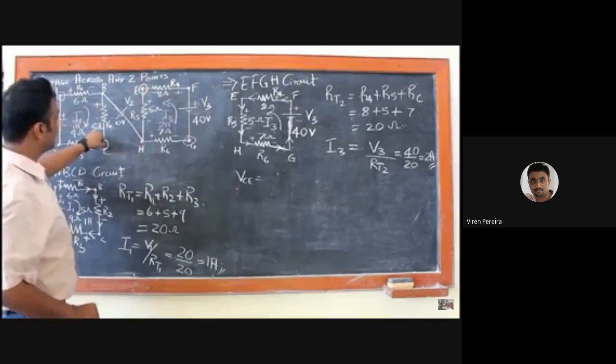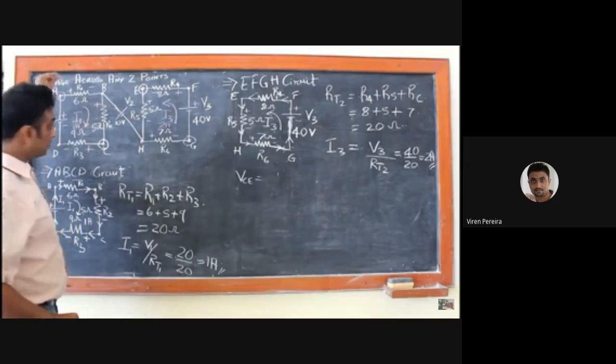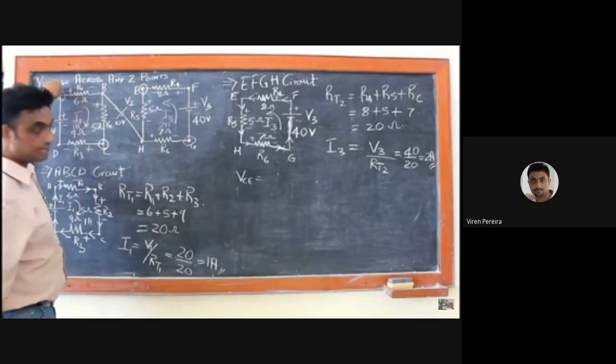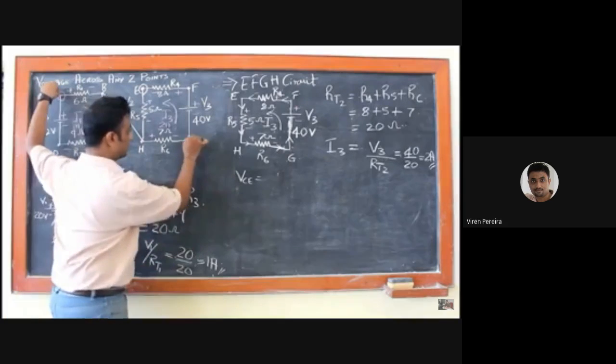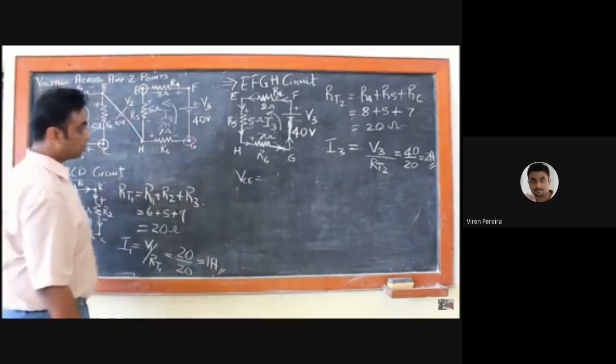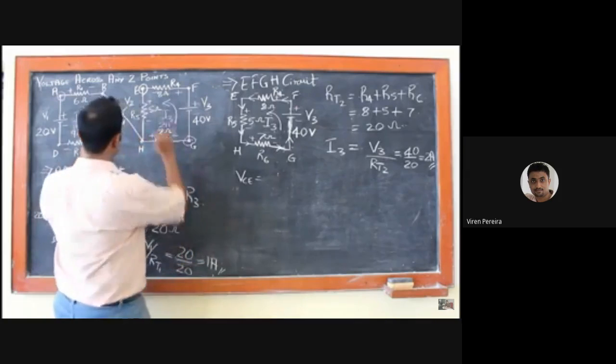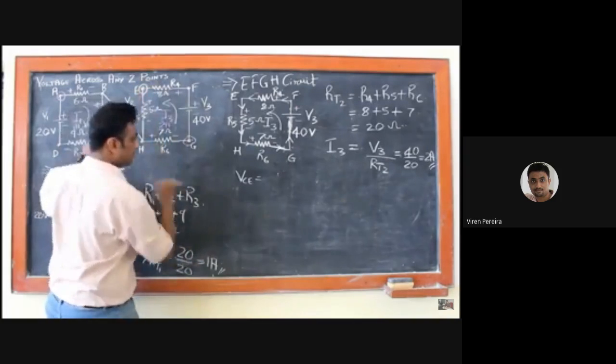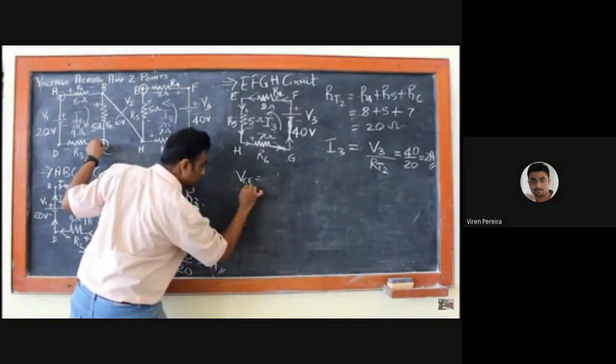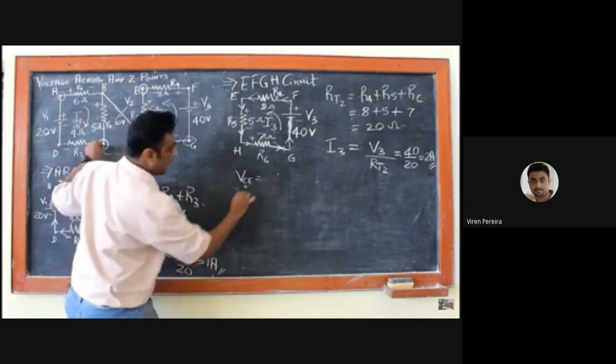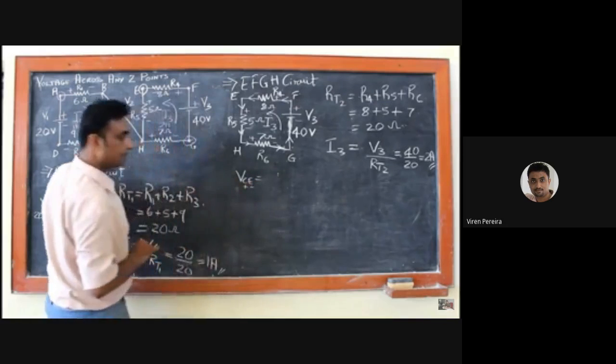Same way for AG. Since A is first, the positive terminal will be connected at A and the negative terminal will be connected at G. So if you say VC positive here, negative here, your positive terminal of your multimeter will be here and your negative terminal will be here.